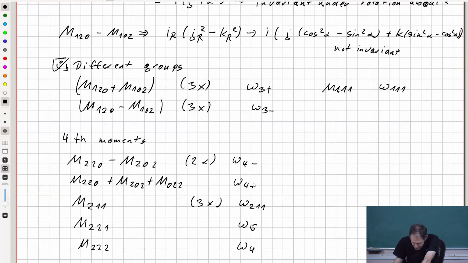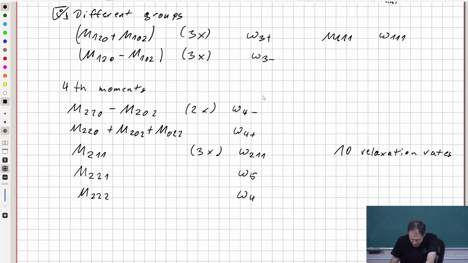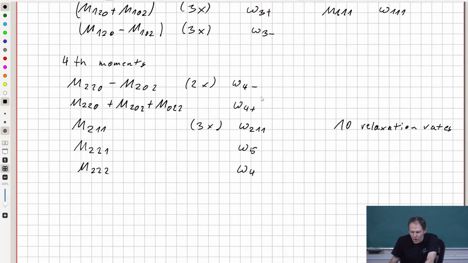So what we have is 1, 2, 3, 4, 5, 6, 7, 8, 9, 10 relaxation rates that we can distinguish. Okay, now it doesn't really matter if you set all of them to the same value, obviously, yeah. But we have these degrees of freedom.